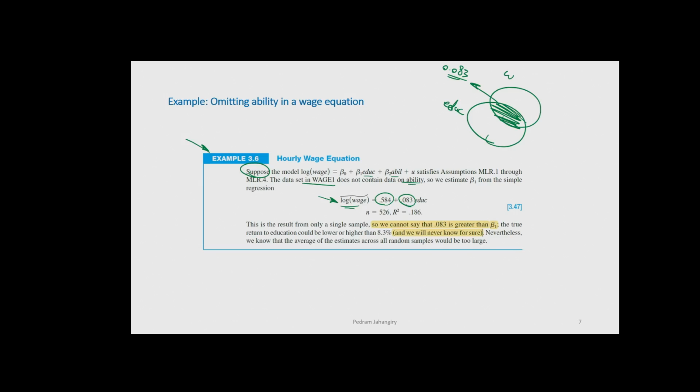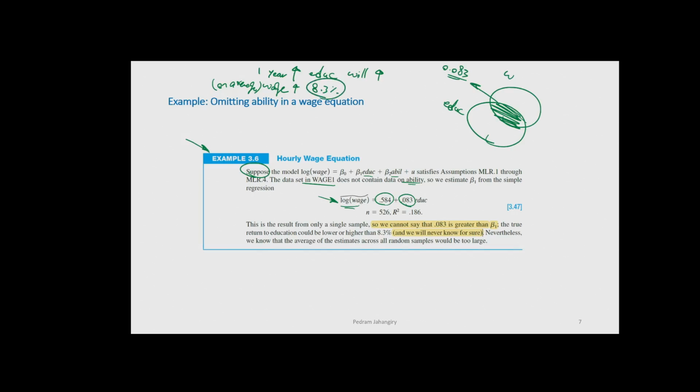We already discussed that there's going to be a positive bias. This implies that the number you're reporting, this is what you believe: a 1 year increase in education will increase the wage, on average, and this is important, on average, by 8.3%.